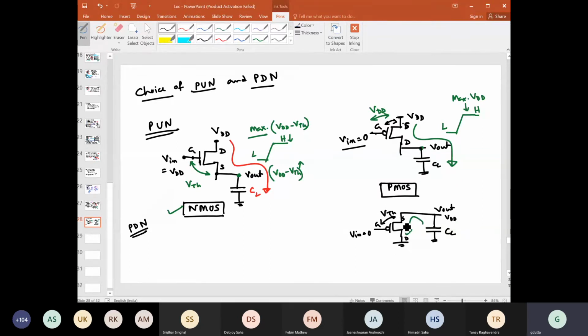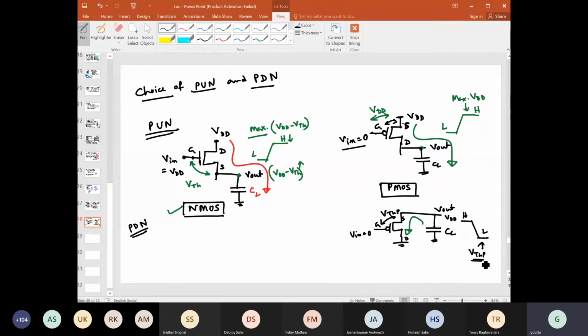It cannot conduct any further. So the switching characteristic would look like this. It goes from higher to lower, and the lower value will not be VDD minus, but the threshold voltage of this transistor, VTHP, if we say the threshold voltage is VTHP.